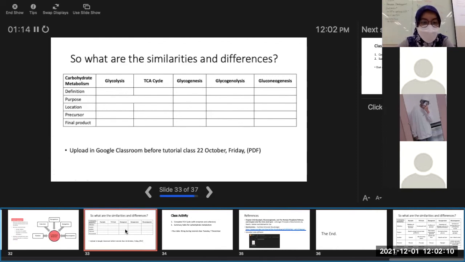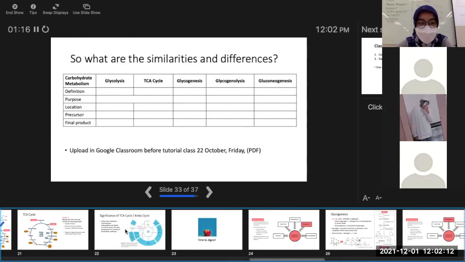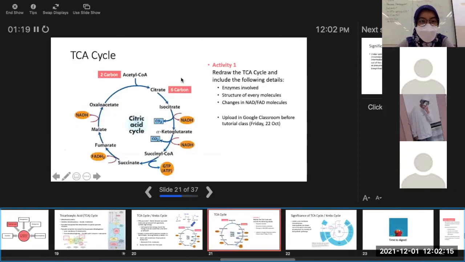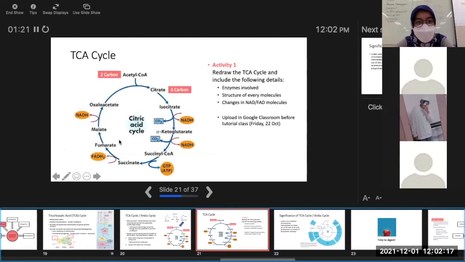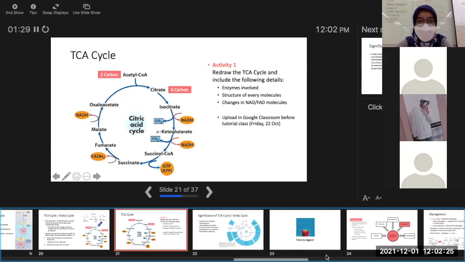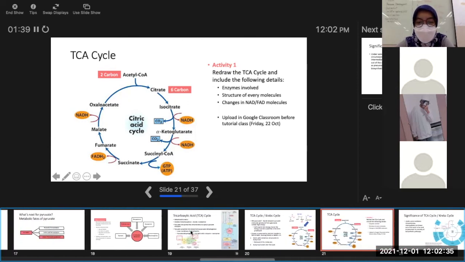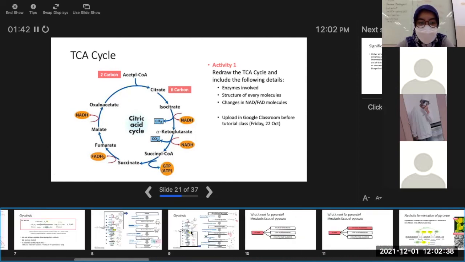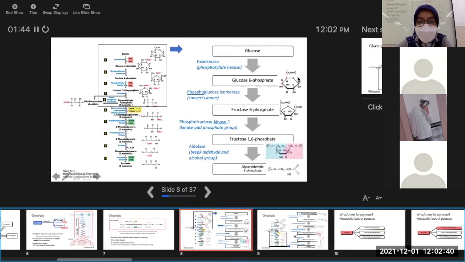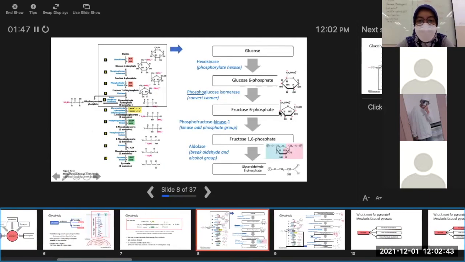Also, I want you to do this TCA cycle with complete details, meaning what are the enzymes involved here, and then the structure changes. You can do it like the glycolysis I did here, meaning how citrate changes into isocitrate.